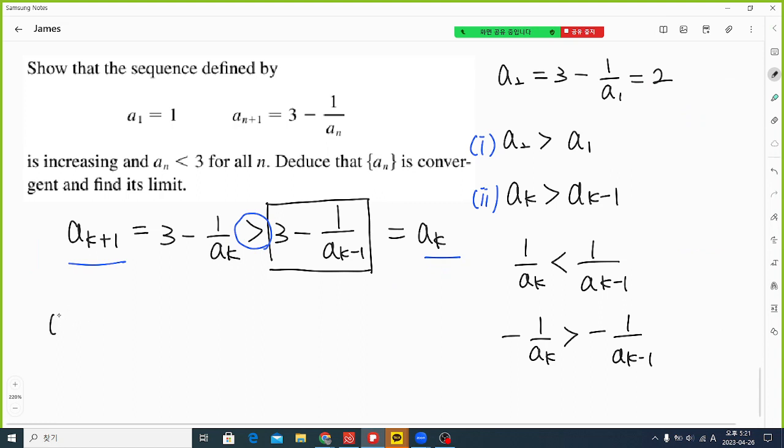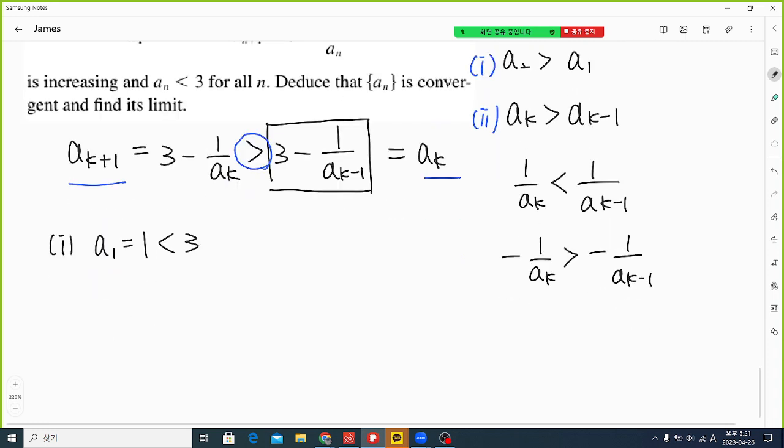To do that, at first, the first term is less than 3, and the second thing to show is assume the kth term is less than 3.